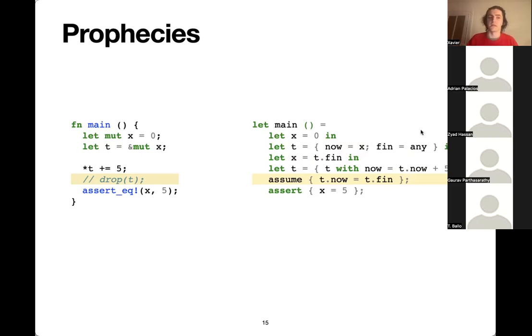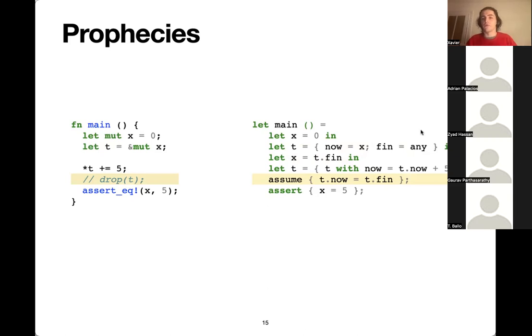We resolve the prophecy, we fulfill it, all the fun metaphorical terms. But the crucial thing is that when we're releasing T, we know that we're at the final value of T, right? We're done with T. So whatever value is in T must necessarily be its final value.